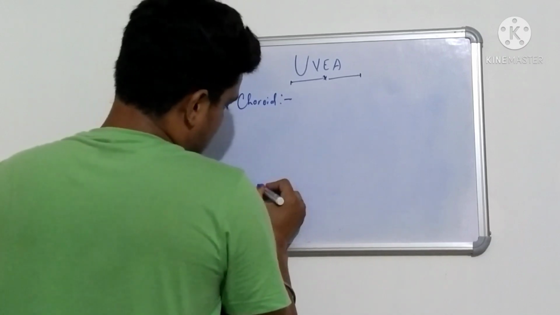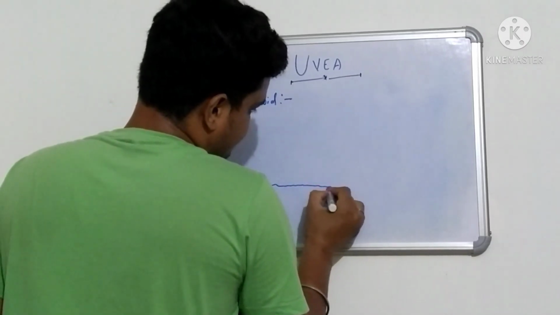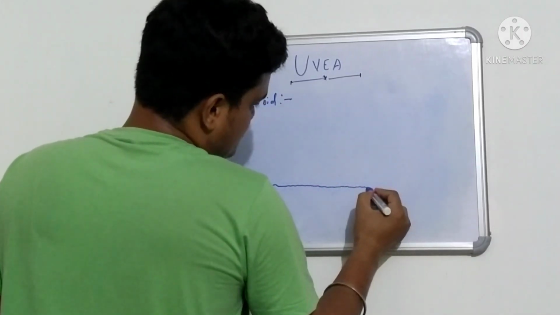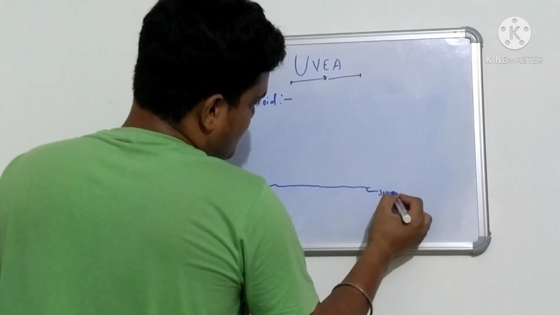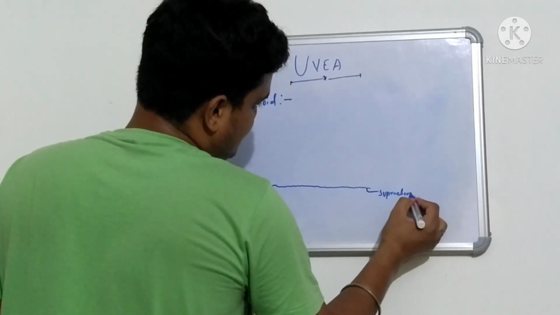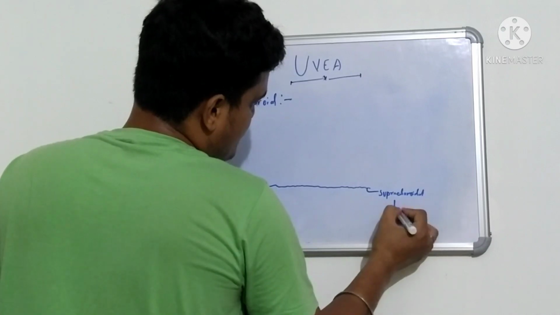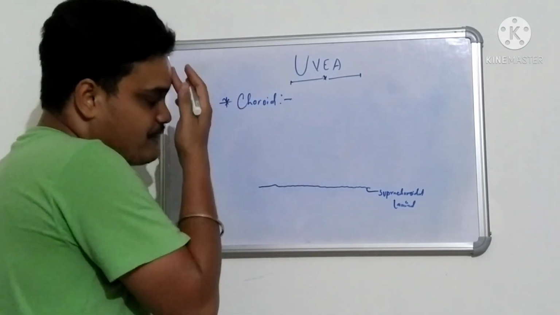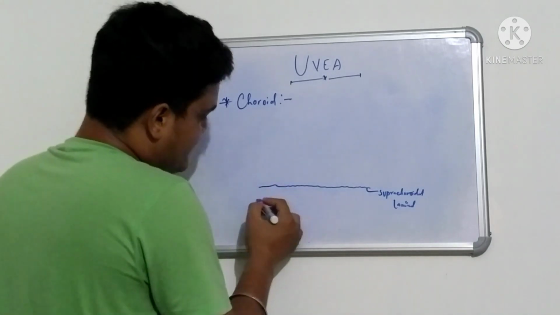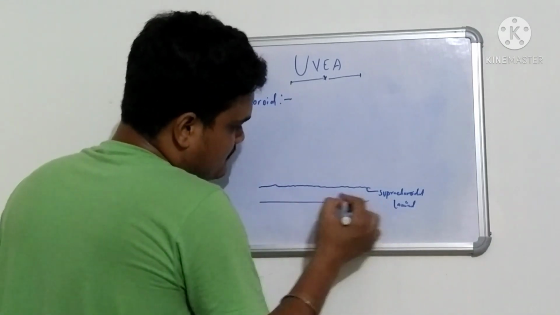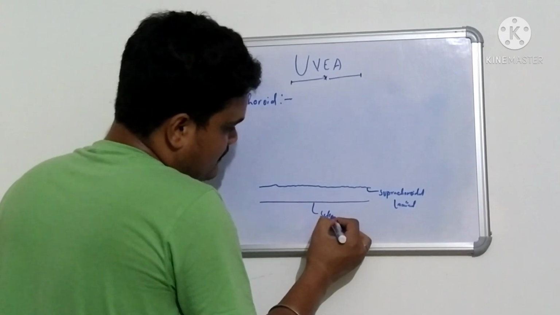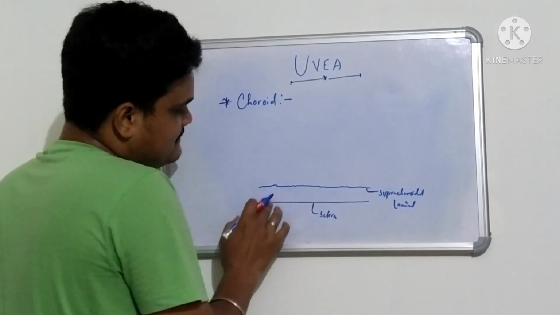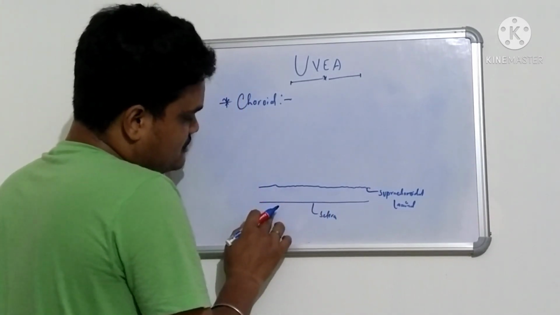Now the first one, this one, is the suprachoroidal lamina. So suprachoroidal lamina or lamina fusca is the first part of the choroid, from where the sclera, suppose this is sclera, has a junction.